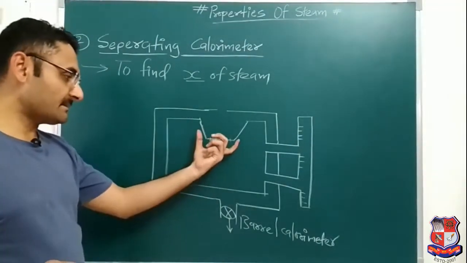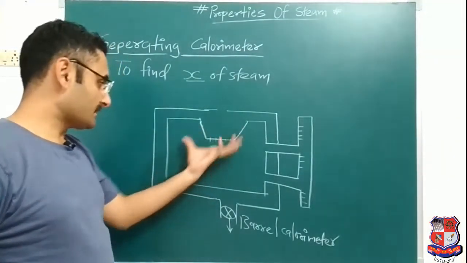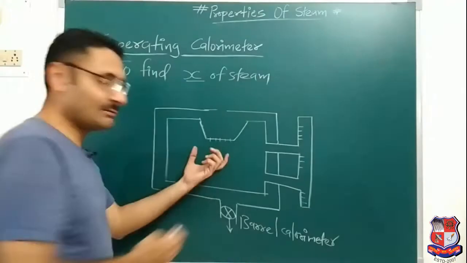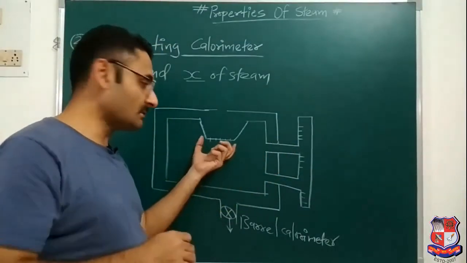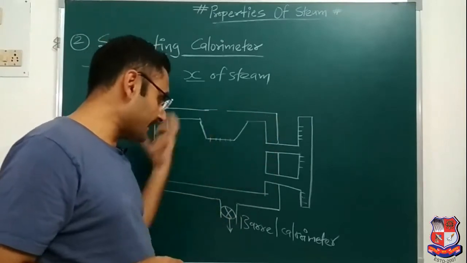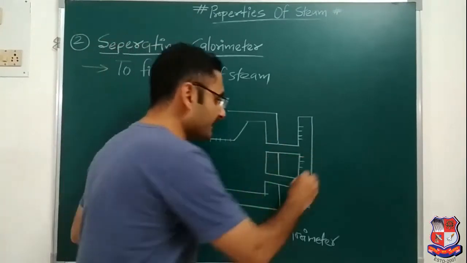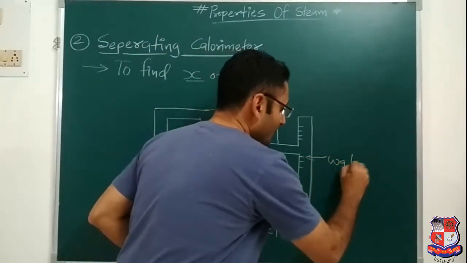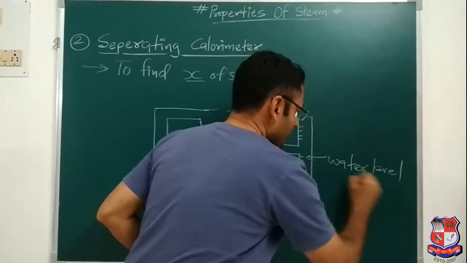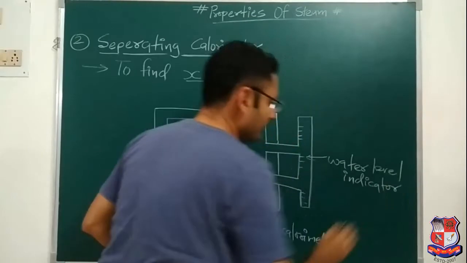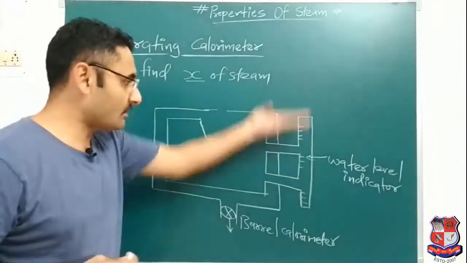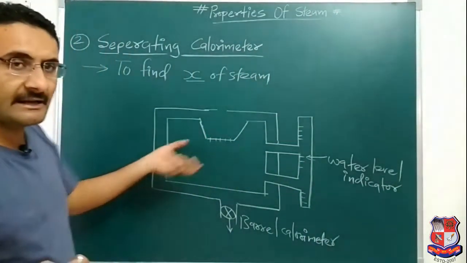One perforated cup is there, and that whole assembly is known as the separating calorimeter, with a perforated cup that has certain holes. That whole separating calorimeter is connected with the water level indicator. Over here I will write water level indicator, which will indicate the level of the water present in the separating calorimeter.